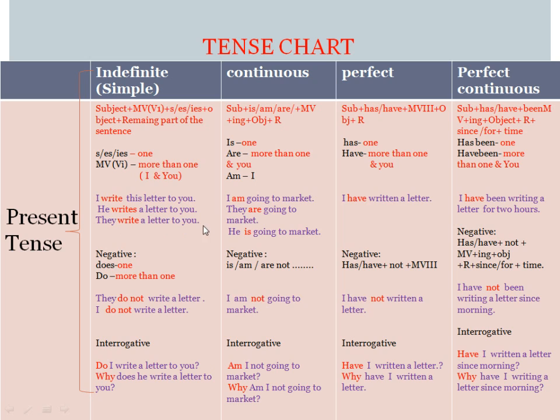They write a letter to you. Here the verb is write. It is the first form because they is more than one. So we use here the first form of the verb according to the rules. So we write here write. So if we want to know which kind of sentence, we have to see the verb of the sentence.